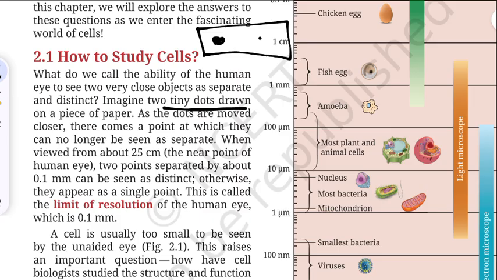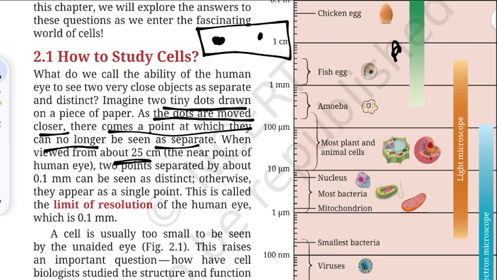You can try this activity right now. Take a paper, make two dots, and bring it very close to your eyes. One point will come where they will not be seen separately, only one point will be seen. So as the dots are moved closer, there comes a point at which they can no longer be seen as separate.